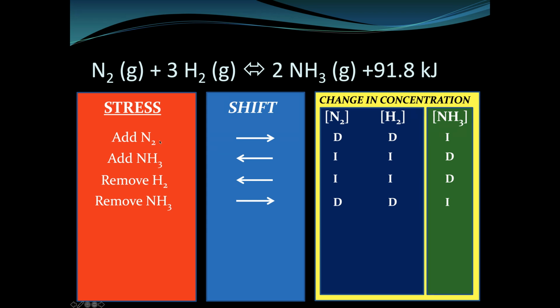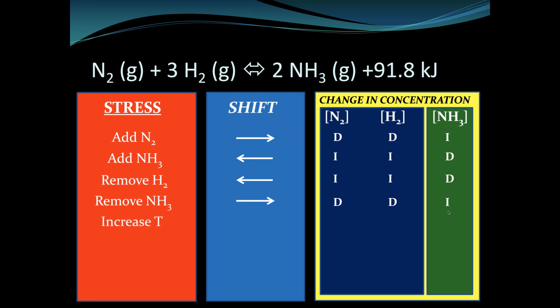So if you add N2, the result of the shift will be to bring N2 back down again. And if you add NH3, the result of the shift will be to bring NH3 back down again. If you remove H2, the equilibrium will shift in a way that brings H2 back up. And if you remove NH3, the equilibrium will shift in a way that brings NH3 back up.